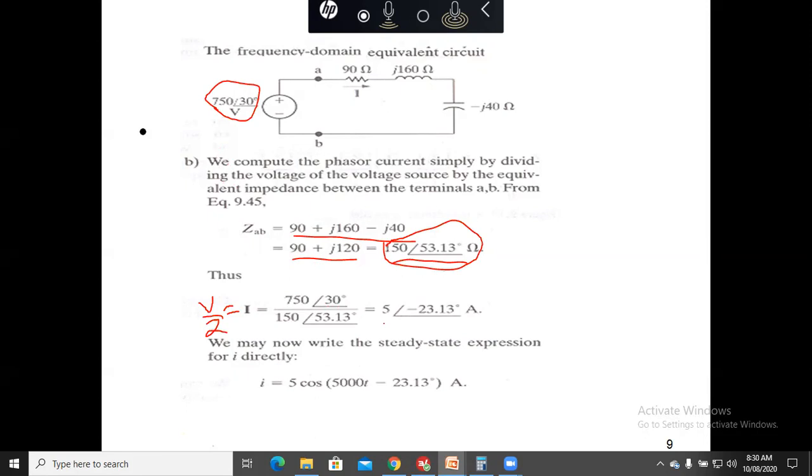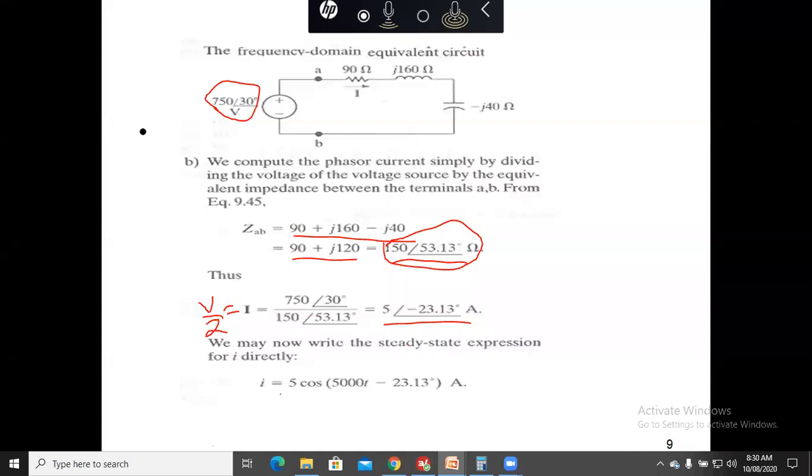So we will get the value of current as 5 at the angle of minus 23.13 degree. This is the phasor representation of the current, and now we can represent it in the time domain.